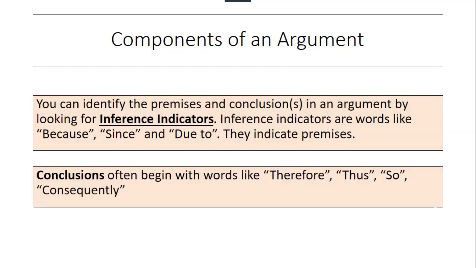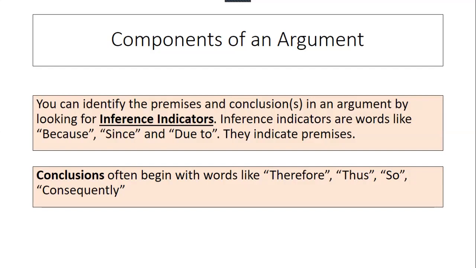Now, not all arguments have indicator words in them. So what you need to do is use your own reasoning to decide what is a premise and what is a conclusion, or what is the conclusion of an argument. Conclusions often begin with words like therefore, thus, so, and consequently.